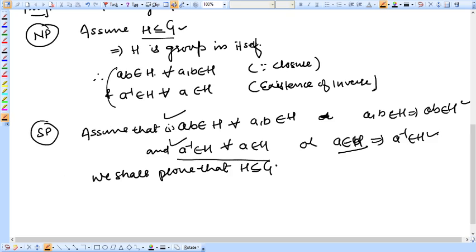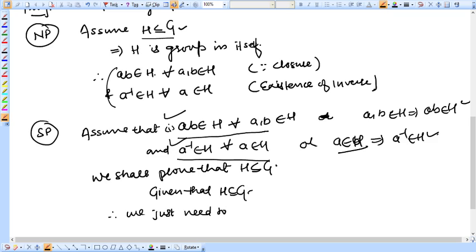So we just need to prove two more properties, because it is already given that H is a subset of G. It is a non-empty subset, this is given in the hypothesis, right?